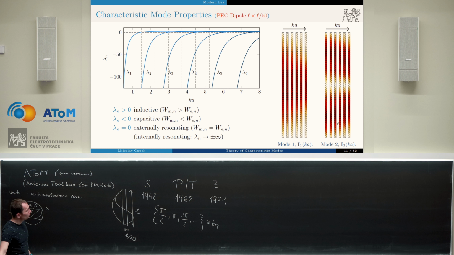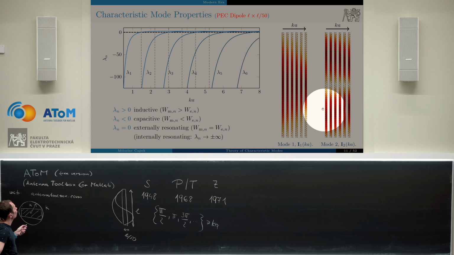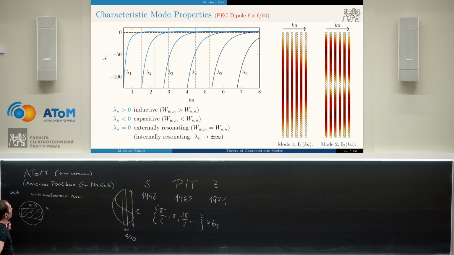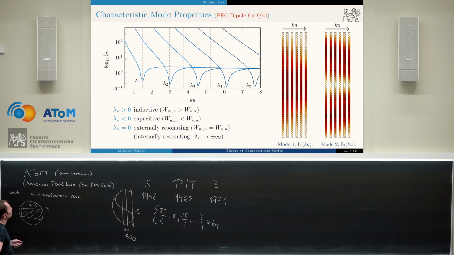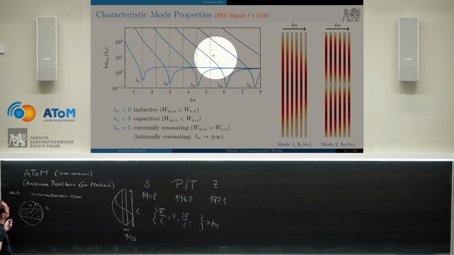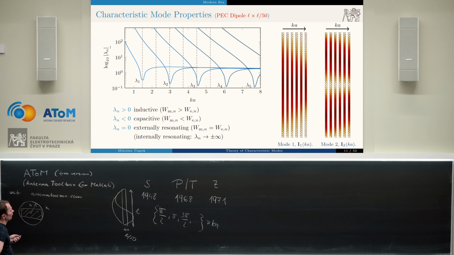Okay, so one possibility of how to depict eigenvalues is like this, but really the numerical dynamics is huge. So instead, we are well used to depict the same information in logarithm scale of the eigennumber in absolute value.